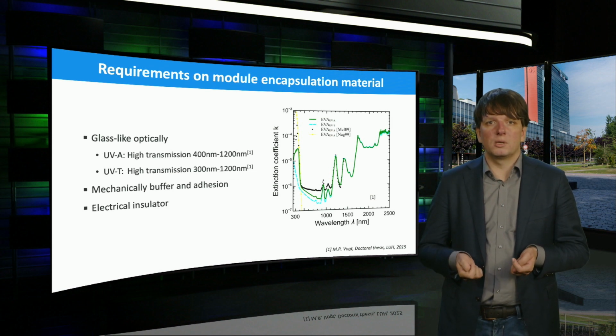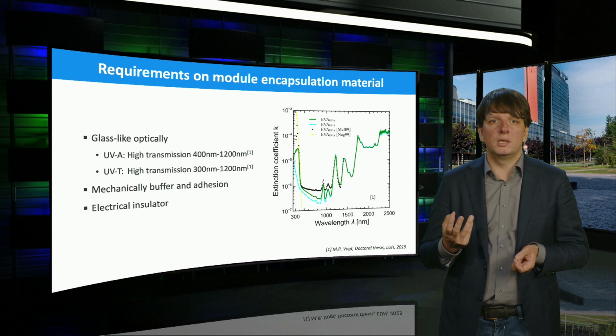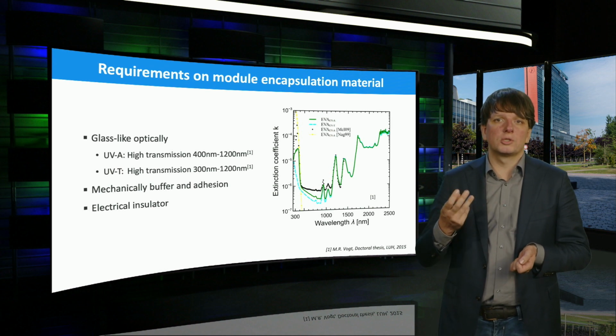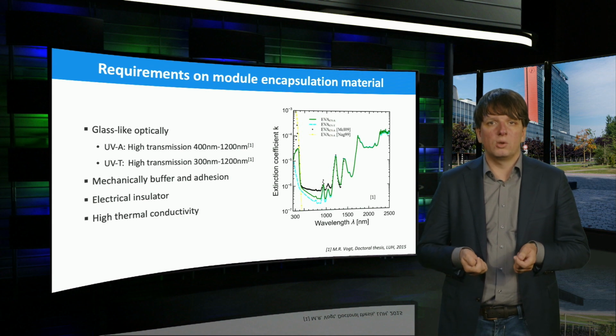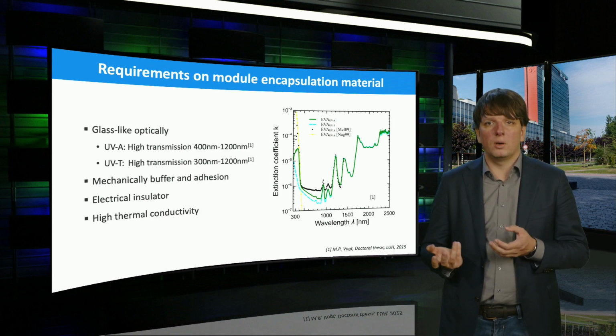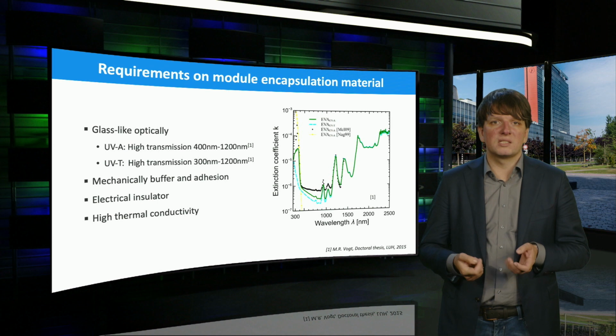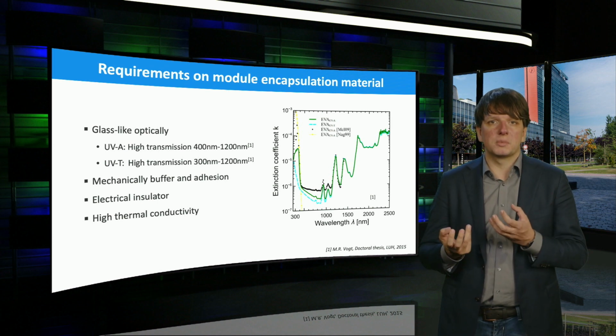Additionally, the encapsulation material has to be an electrical insulator to prevent short circuits, as voltages in a PV system can reach up to 1500 volt. Solar cells heat up during operation, as they are designed as light traps.